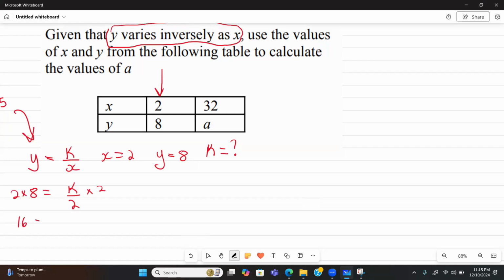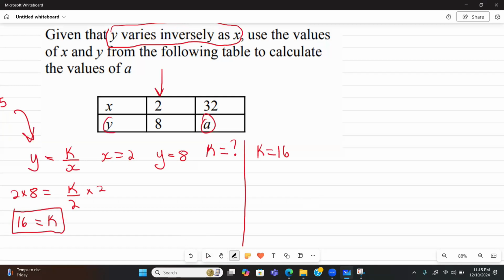So 16 is equal to k. So here it is that we know that k is 16. Having known that k is 16, we are able to use this. k is equal to 16. And our intention is to find A.